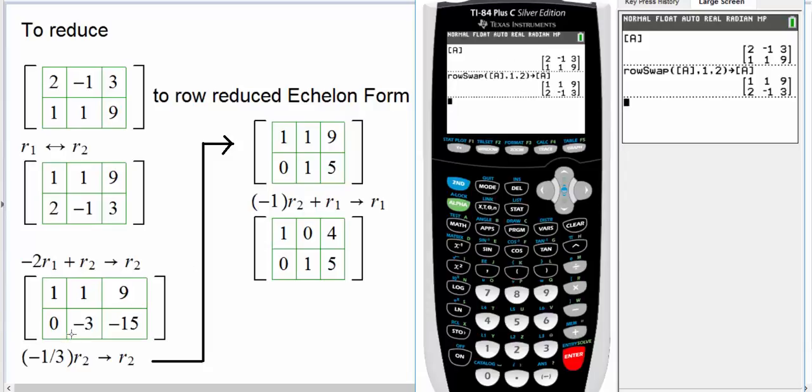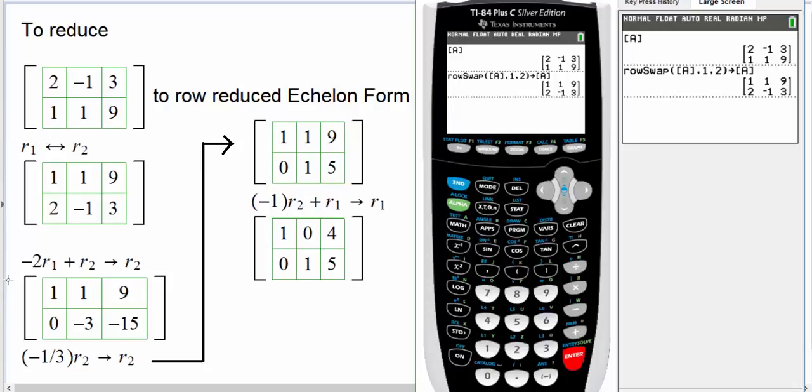Now our next objective is to transform this entry to 0. So what we will do is multiply row number 1 by negative 2 and add it to row number 2. So we will have negative 2 plus 2 will be 0 here, and the rest of the arithmetic we will let the calculator do.